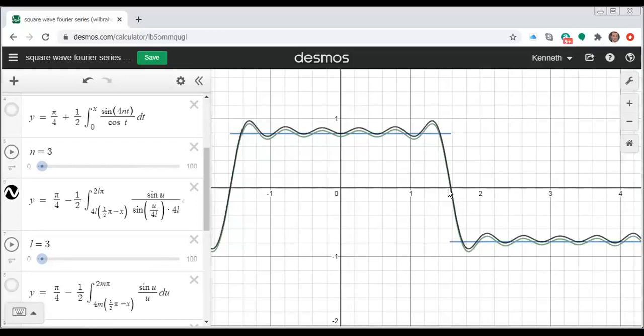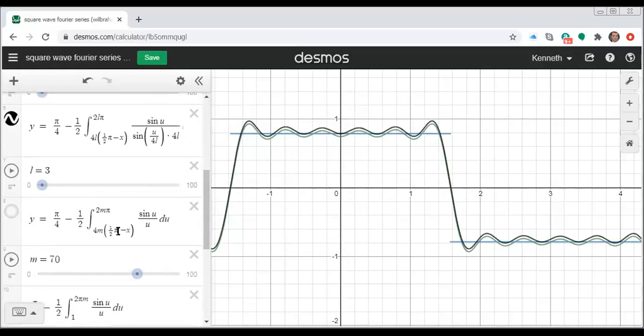But if you're in a small neighborhood of pi over 2 in the domain, then it should be the case that sine of x is close to x. And therefore I can replace sine of u over 4L with u over 4L. Then the 4L's drop out, and you're left with sine u over u. You're left with this integral here that I'll show you in a moment.